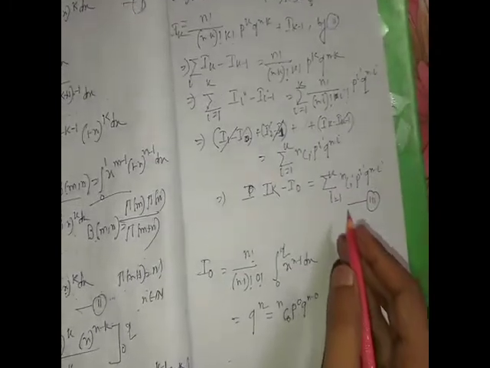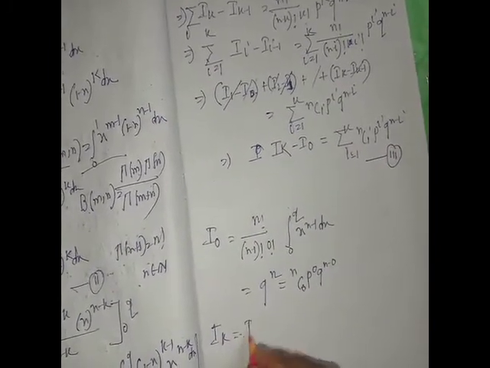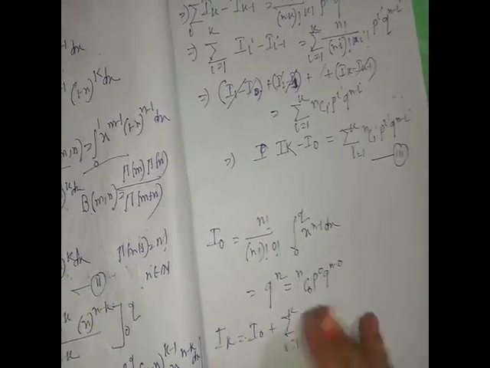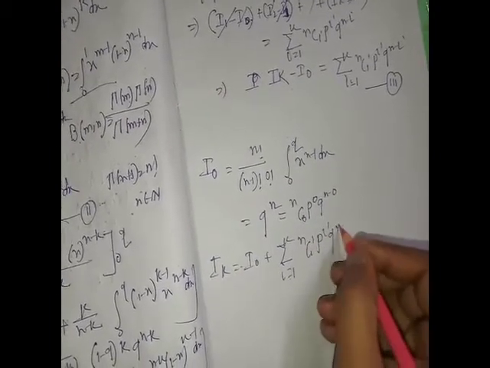So from 3 we get I k equals I0 plus summation from i equal to 1 to k of nCi p to the power i, q to the power n minus i.